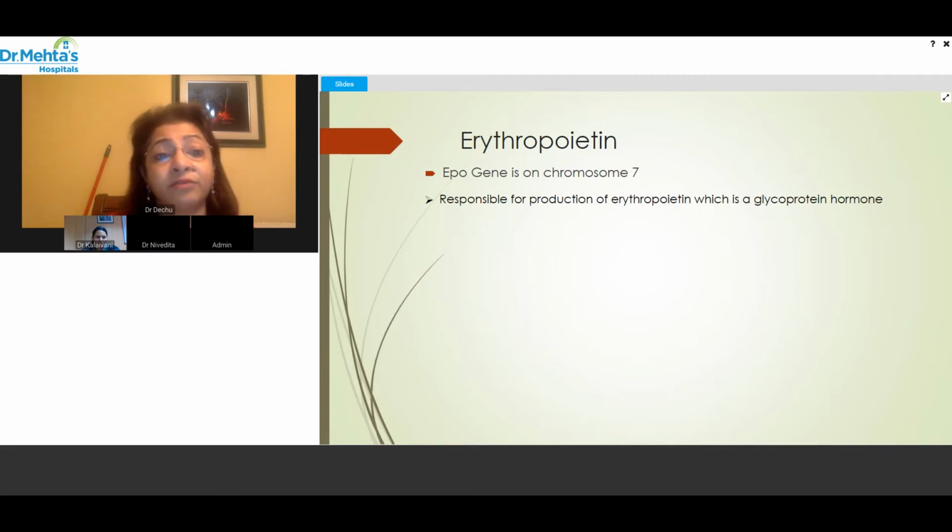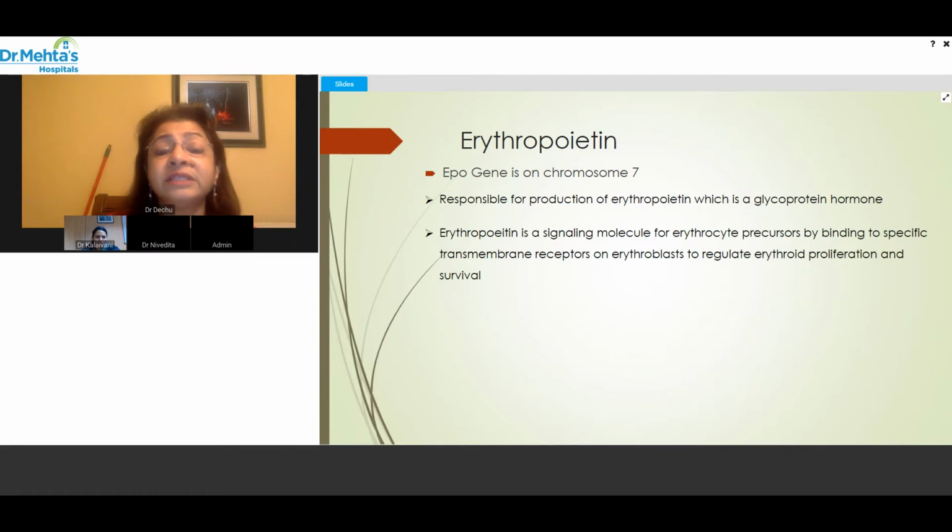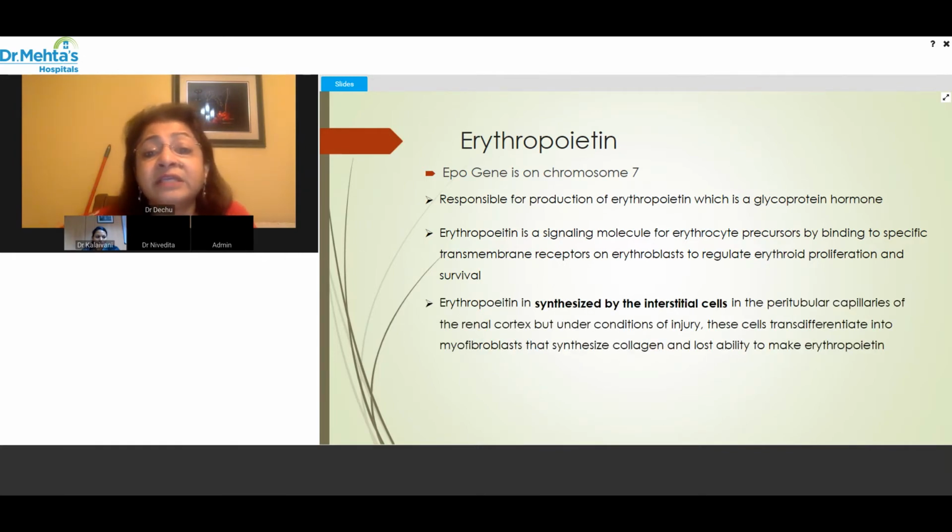This erythropoietin is a signaling molecule for the erythroid precursors because it binds to specific transmembrane receptors on the erythroblast and increases maturation to RBC formation. It is synthesized by the interstitial cells in the peritubular capillaries in the renal cortex. But the important thing to remember is that under conditions of injury, these cells transdifferentiate into myofibroblasts that synthesize collagen and lose their ability to make erythropoietin.